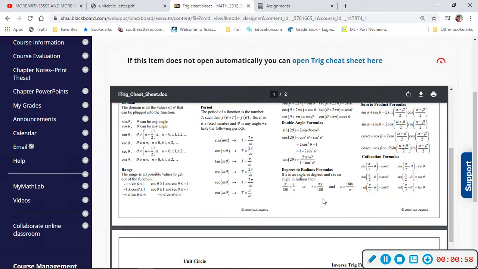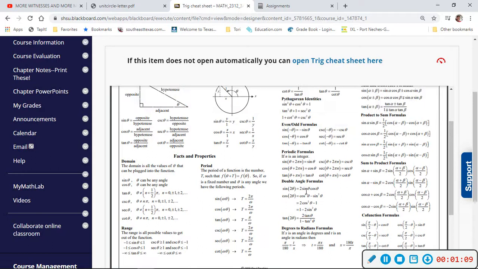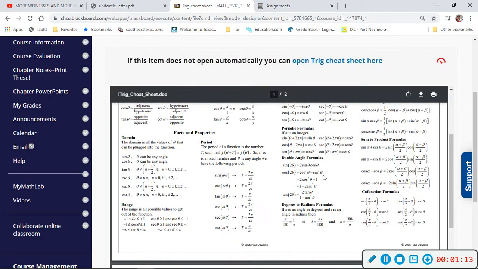Pull up the trig cheat sheet. Doesn't look like anything extra there, so we'll start with that double angle formula for sine. Sine 2x equals 2 sine x cosine x.